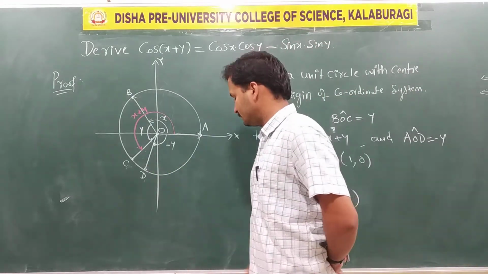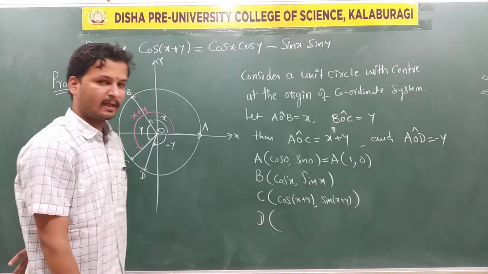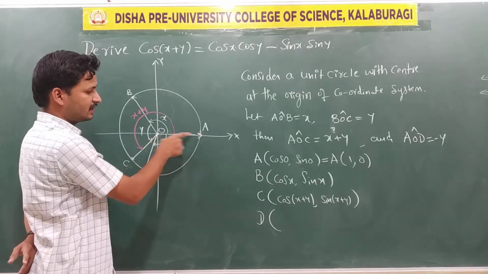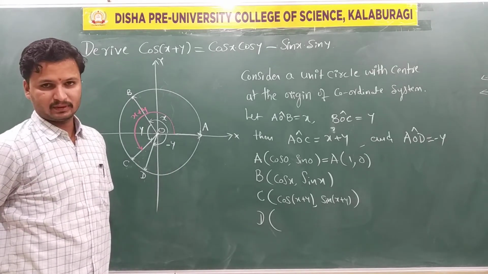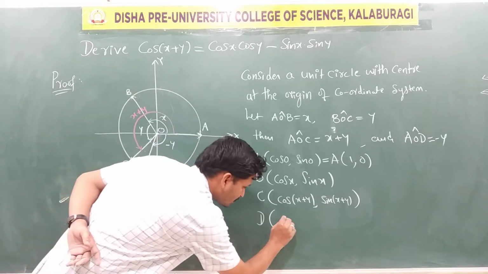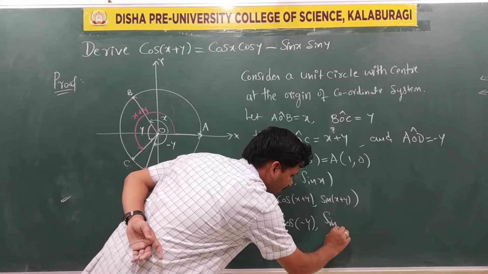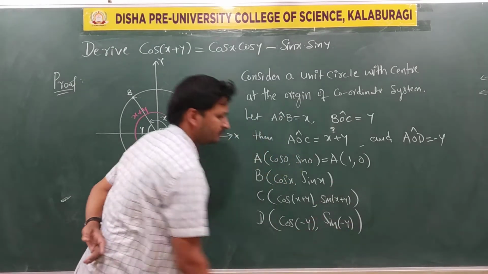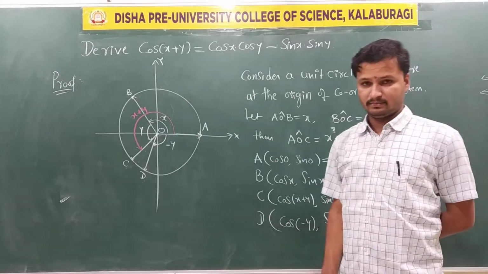Similarly, for the coordinates of the point D, the angle between the initial line OA and OD is minus y. So this can be written as cos of minus y comma sin of minus y. This is all about this geometry.